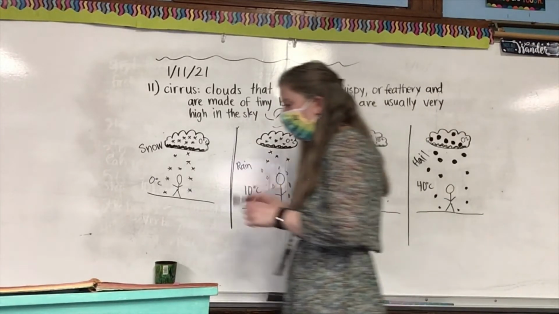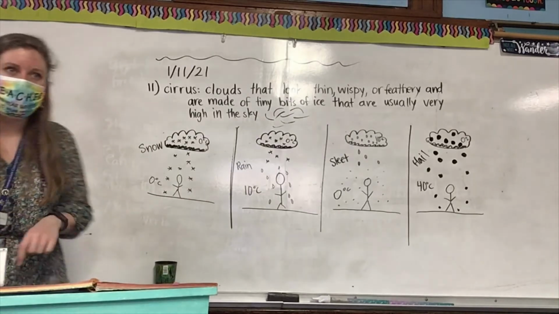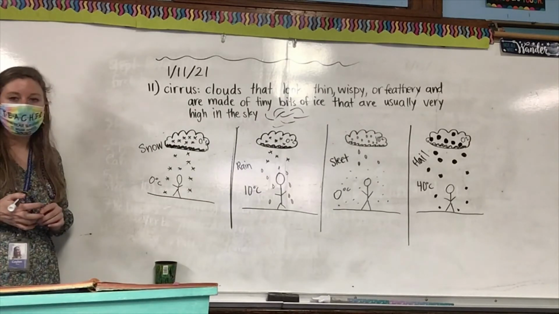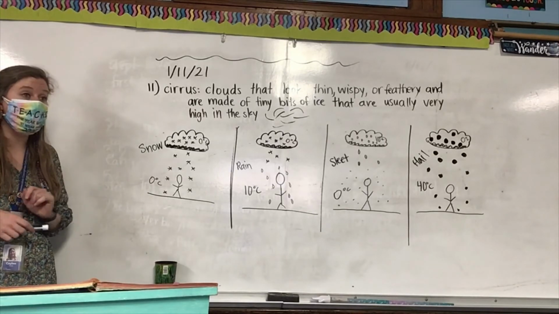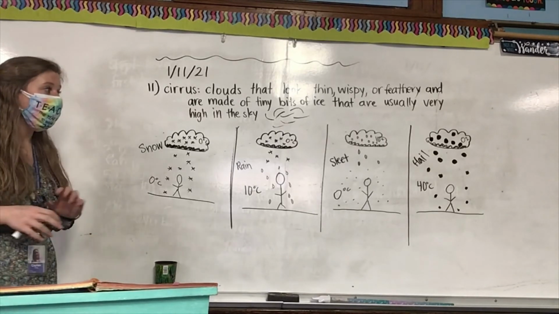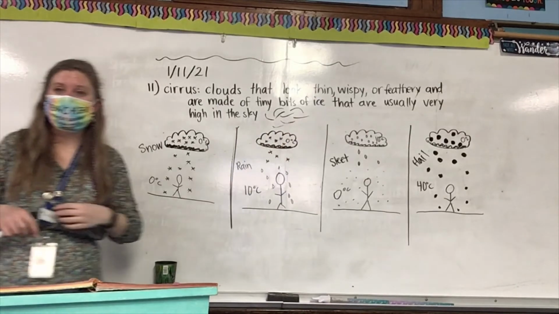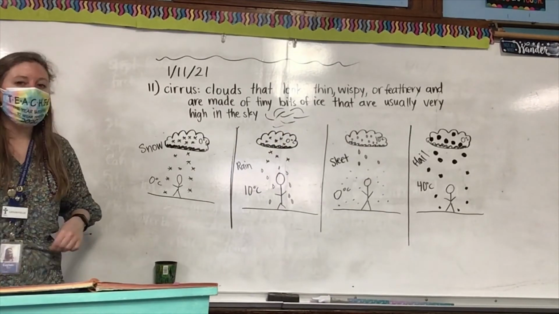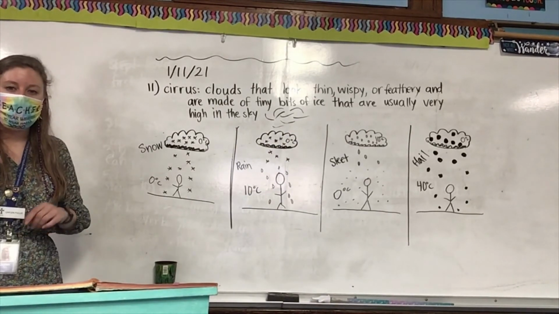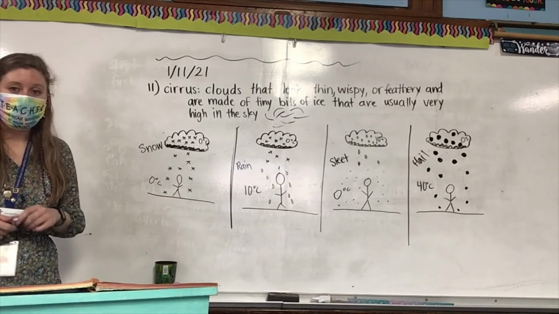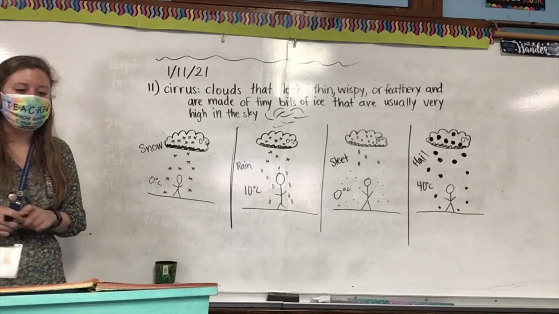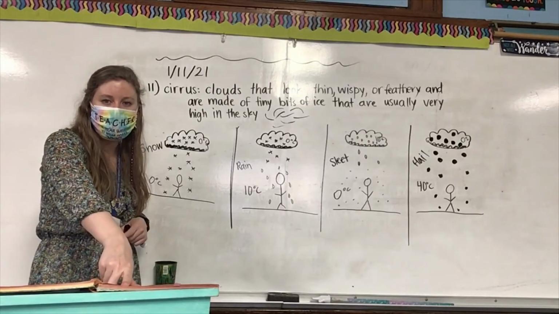What else starts as a solid in the clouds? We know snow starts and ends as a solid. We know hail starts and ends as a solid. What else starts as a solid in the clouds? Zari: Sleet. We already answered this. Does sleet start in the clouds as ice or as a solid?